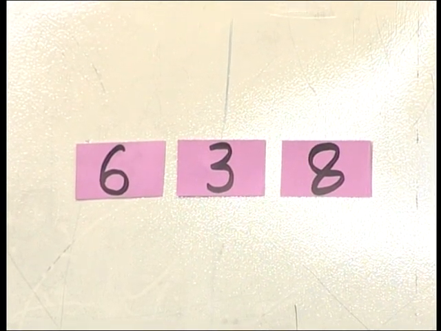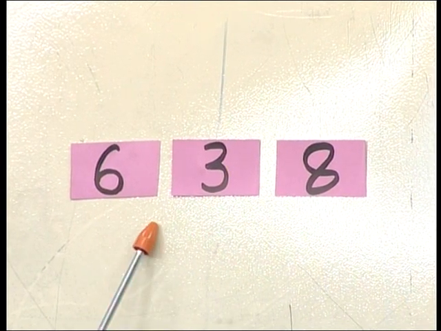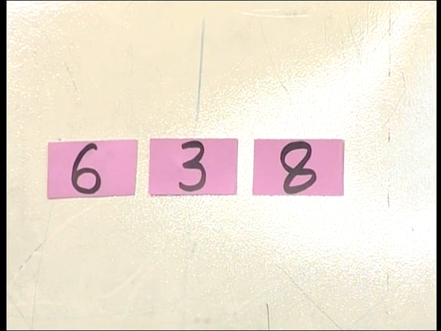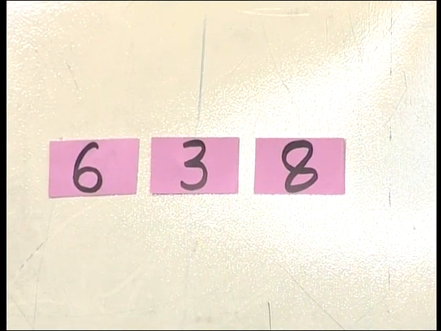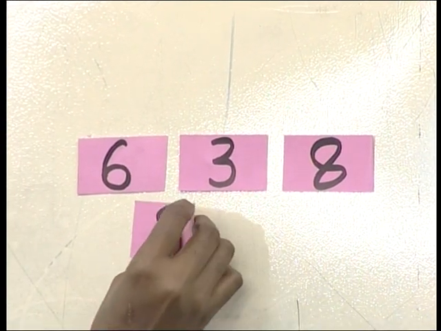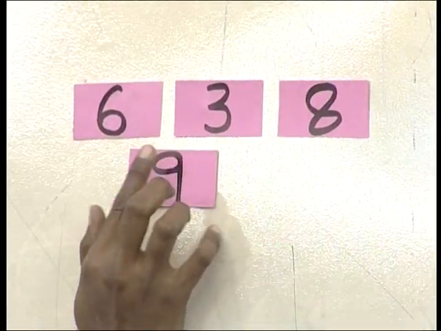What number will go at the bottom of 6 and 3? Okay, 9. 6 plus 3 is equal to 9.